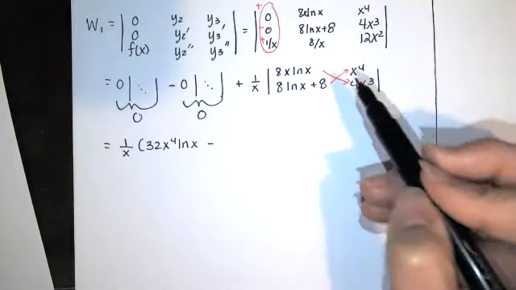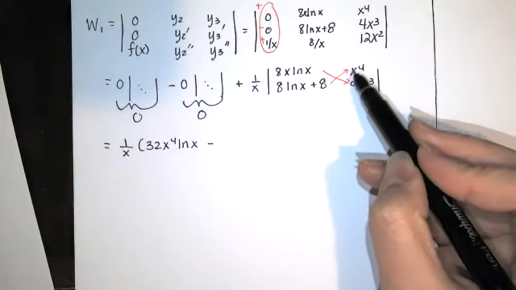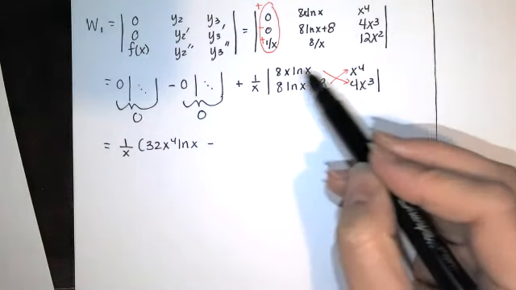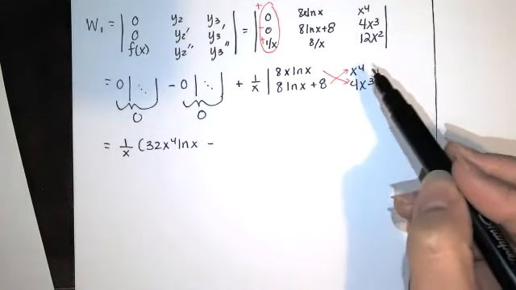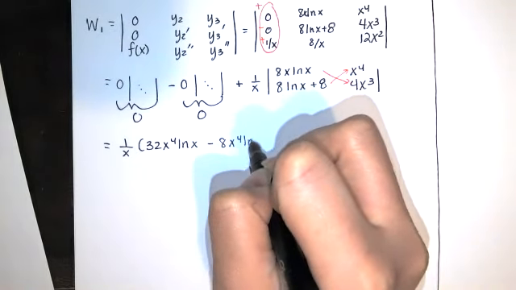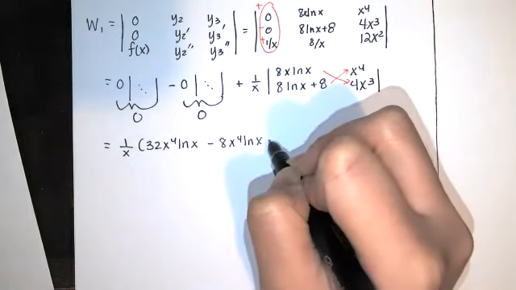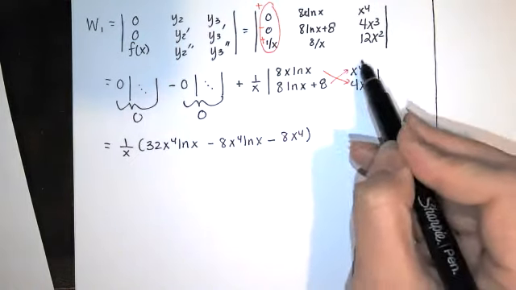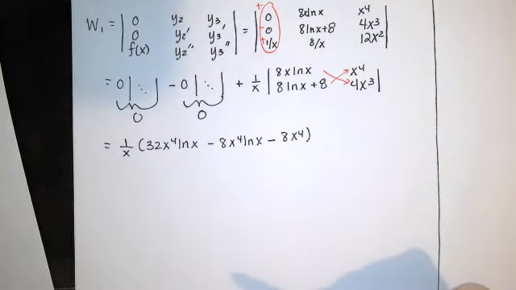And then over here, we want to distribute the x to the 4th, but we also want to distribute the negative. So I'm thinking of taking each term here and multiplying by a negative x to the 4th. So I'll have negative 8 x to the 4th natural log of x minus 8 x to the 4th. I'm taking that and distributing there.